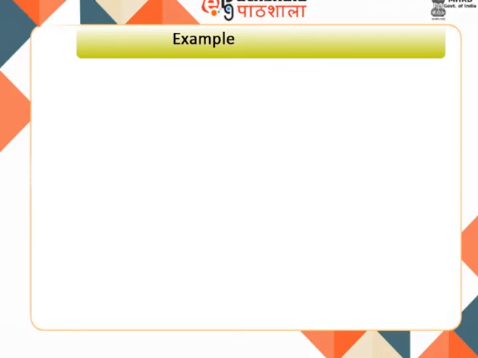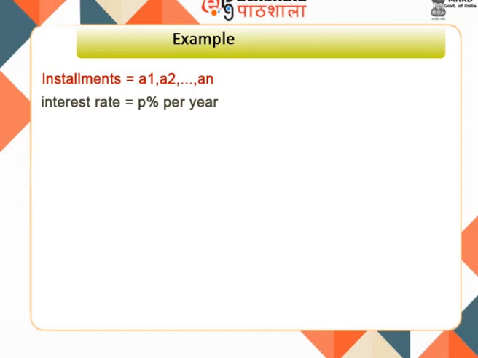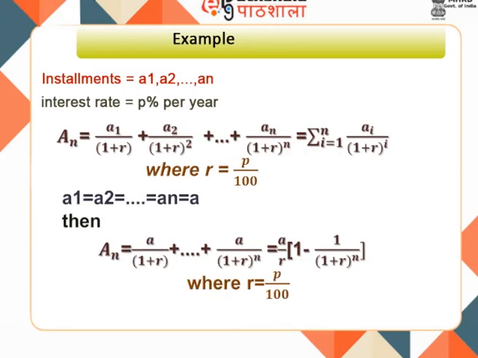The present value of n installments a1, a2, and so on to an, where the first amount has to be paid after 1 year and the remaining amounts at intervals of 1 year, with an interest rate of p% per year, is given by a1/(1+r) + a2/(1+r)^2 + and so on, plus an/(1+r)^n, which is equal to the summation of ai/(1+r)^i, where i goes from 1 to n and r is equal to p/100.